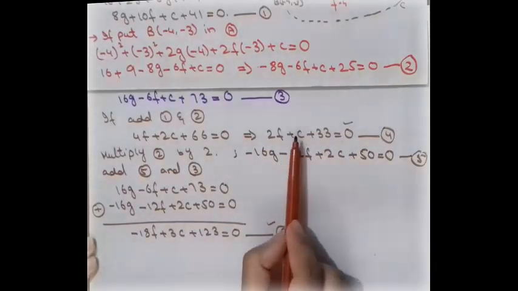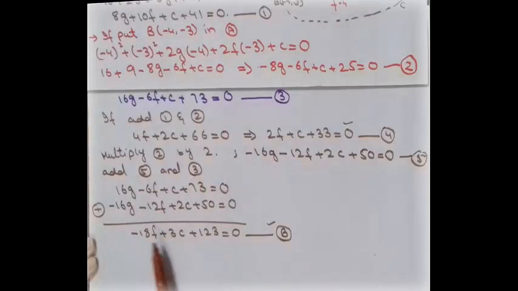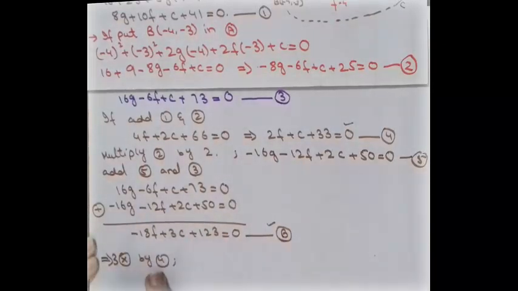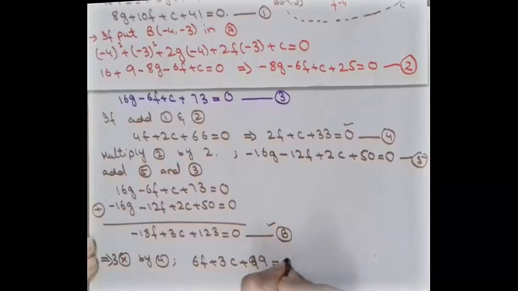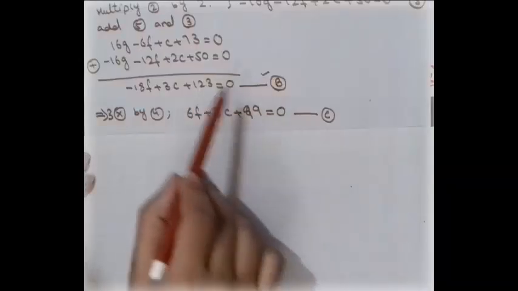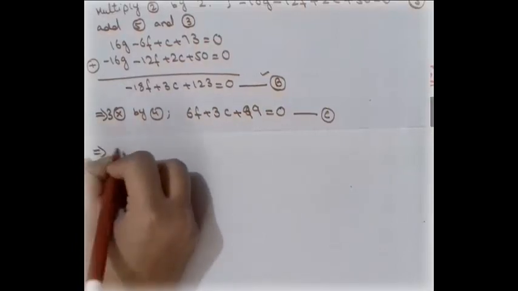If we eliminate c, then we find the value of f. We multiply the fourth equation by 3, which gives 6f plus 3c plus 99 equals 0, called equation C. We subtract the B and C equations.